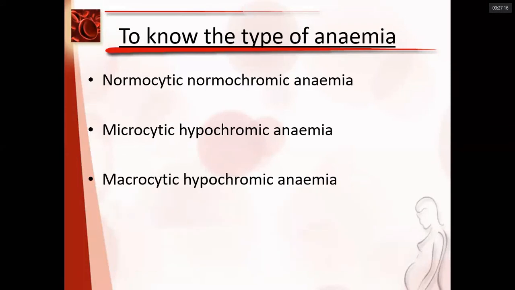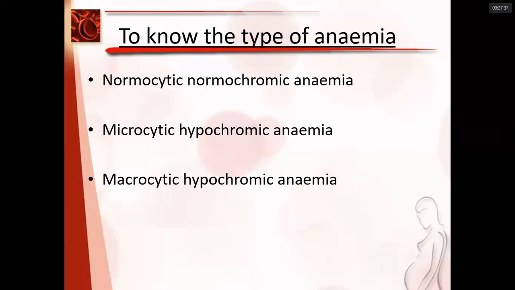To know the type of anemia, a very important investigation that you must not miss is peripheral blood smear. Before transfusing, before doing any other investigations, this is a very simple procedure that saves a lot of our time and effort.